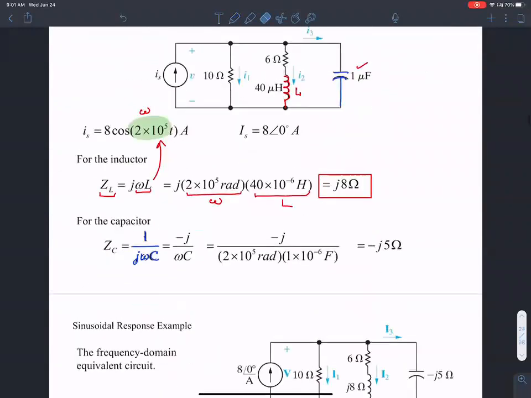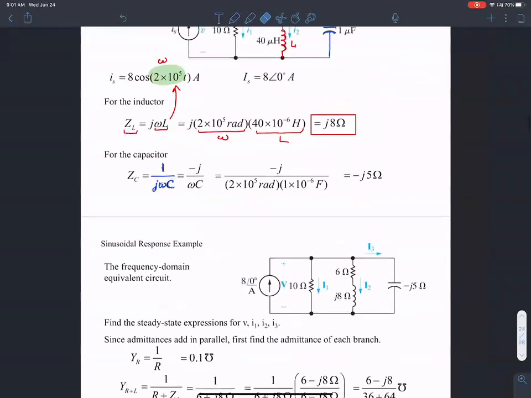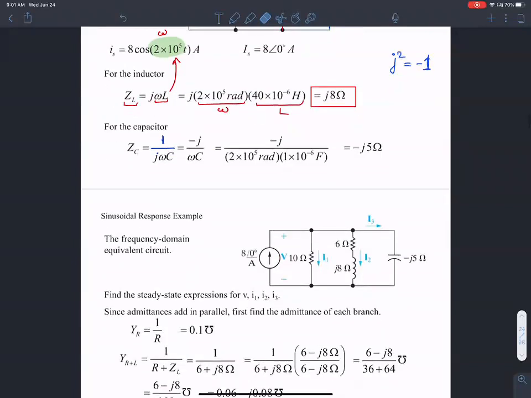ZC is negative j over omega C, where I have simply multiplied the numerator and the denominator by j. Therefore j squared is negative 1, and that's the relation I plug in here. So we have calculated ZC and ZL.